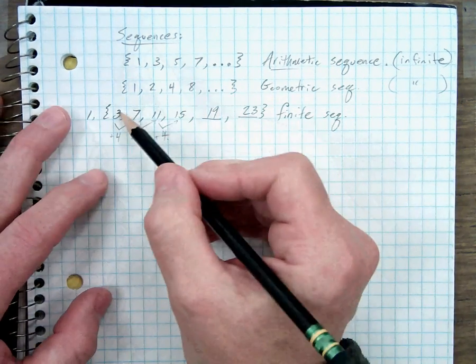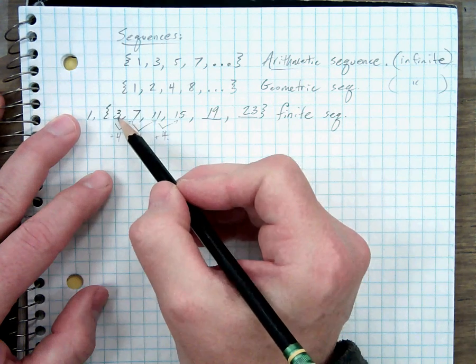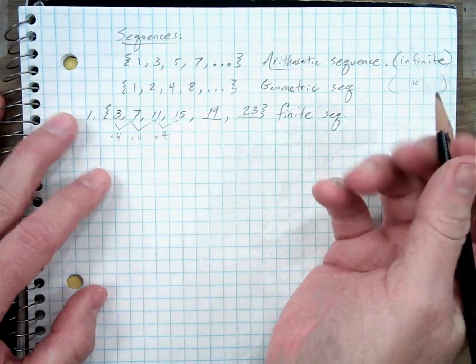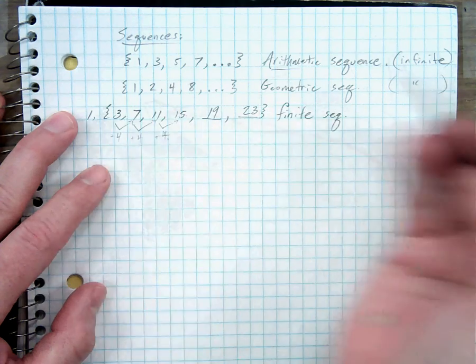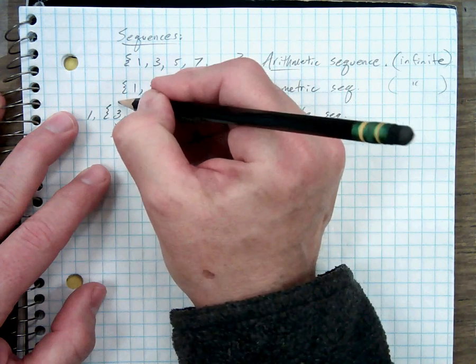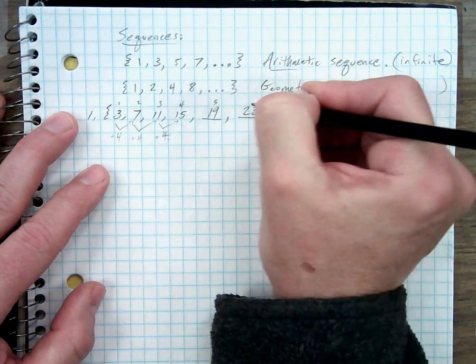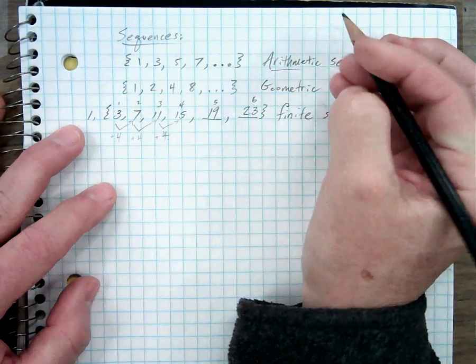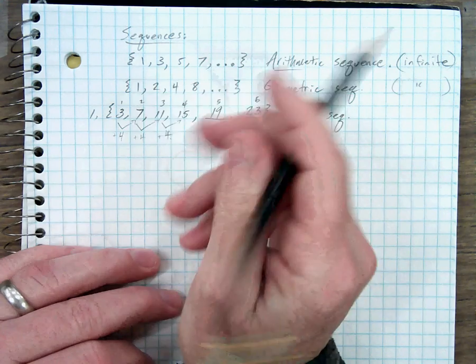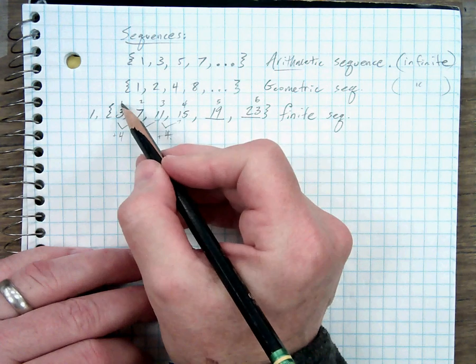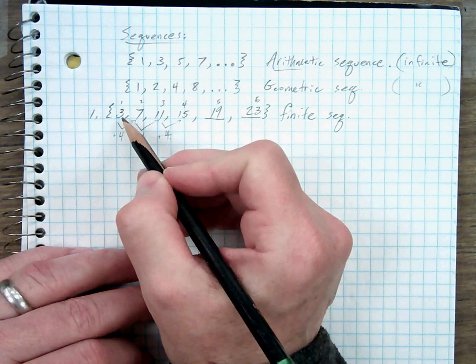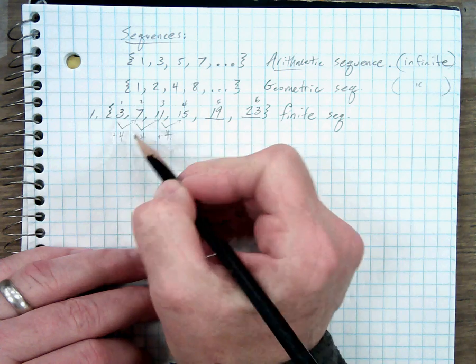The position of the number in the sequence is denoted by where it is in the sequence. So for instance, this is the first number, the second number, the third number, the fourth number, the fifth number, and the sixth number. Usually we use a lowercase letter to denote the function notation for the sequence.